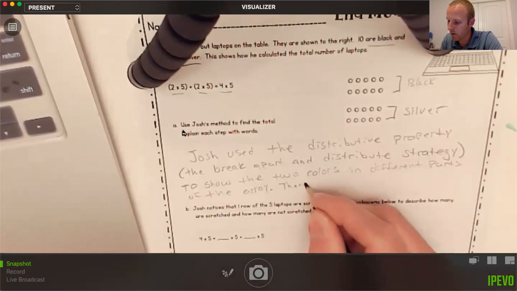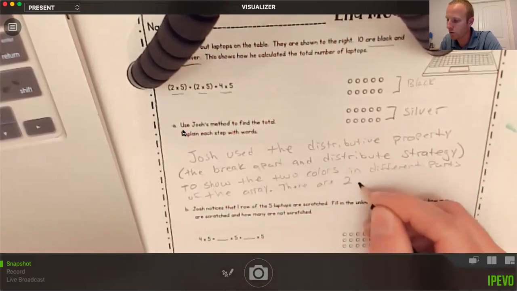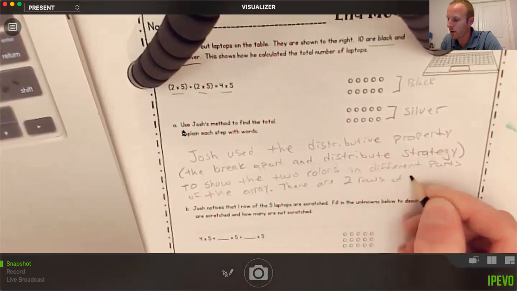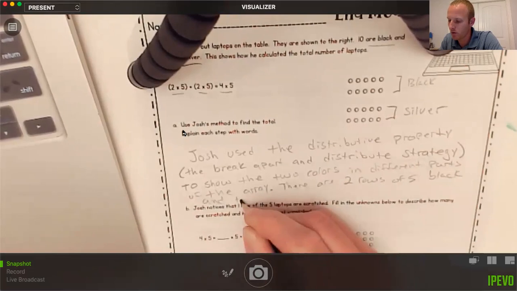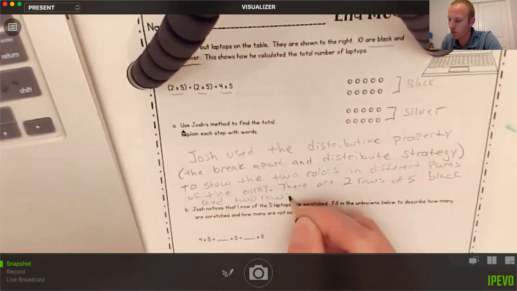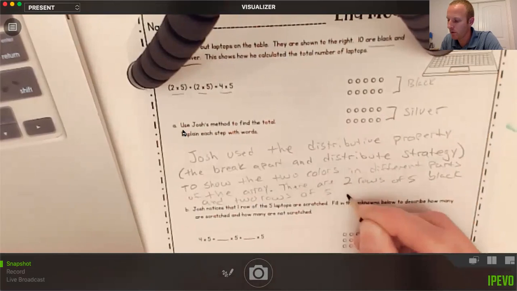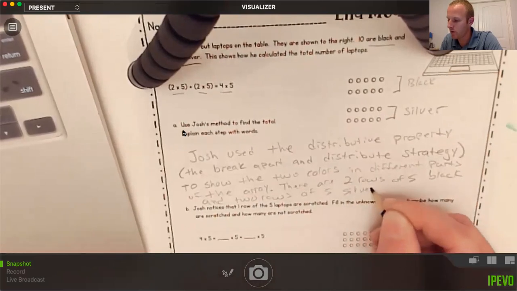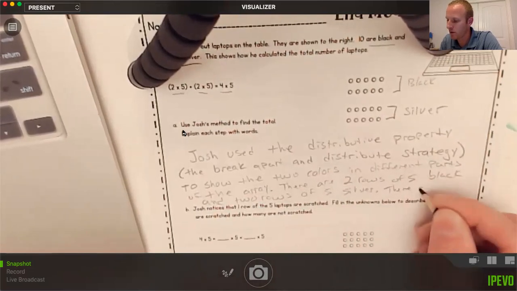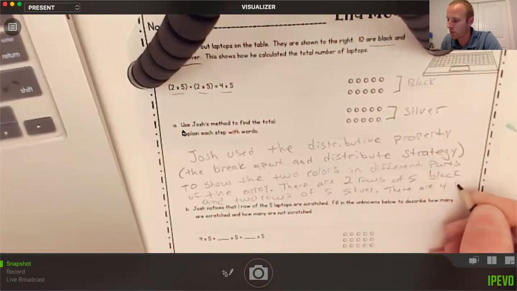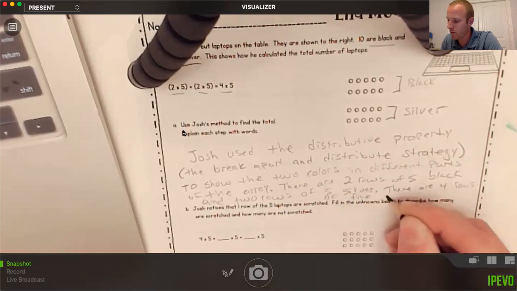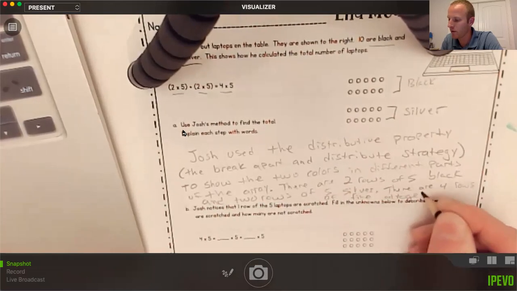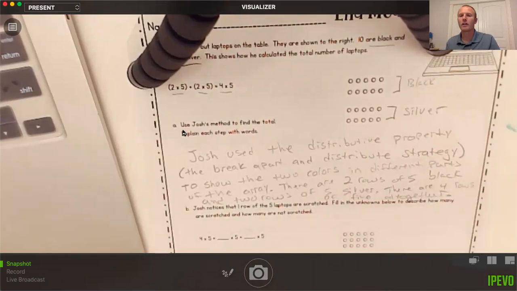There are 2 rows of 5 black and 2 rows of 5 silver. There are 4 rows of 5 all together. If you wrote something like that to this sort of question, that would be a very complete answer.